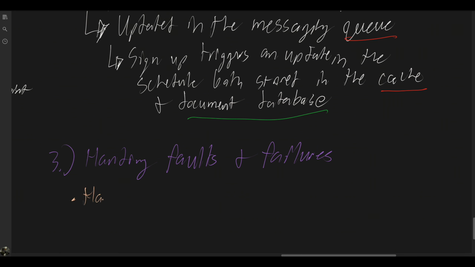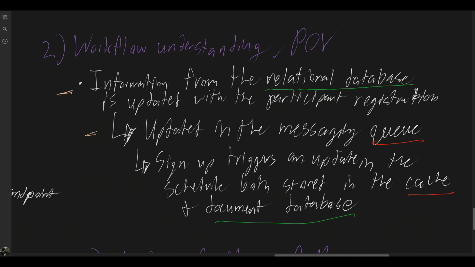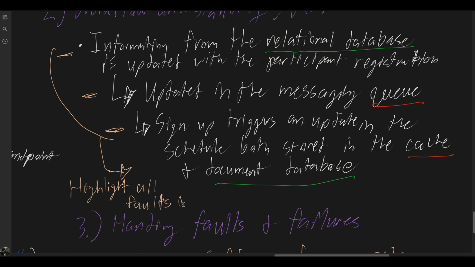From a hardware, software, and human side, looking at each of the steps from our workflow that we have from the beginning, middle, and end over here, highlight all faults which can lead to potential failures.